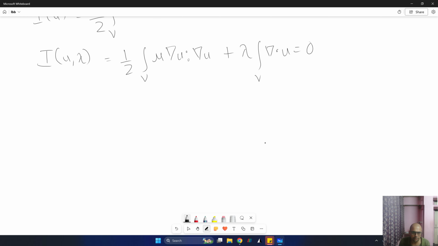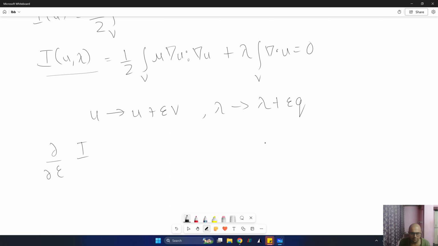So to do this, we just take our directional derivative. First, of course, we will have to look at the perturbations. So we perturb u as u plus epsilon v, a linear perturbation, and then we also perturb lambda as lambda plus epsilon q, and then we can take the directional derivative of I, in which we have done this perturbation as well as this one.